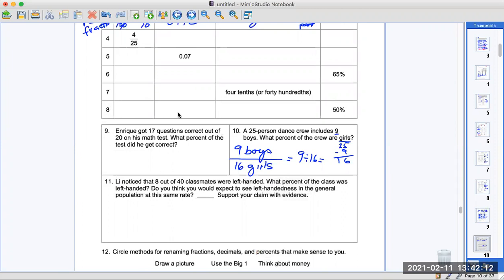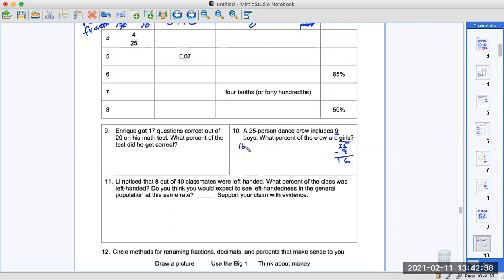Nope, I didn't do that right. Good that I started on that one. So we want to know the difference. So nope. We need to find the difference. This is a tricky one. From 9 boys to 16 girls, the difference is 7.